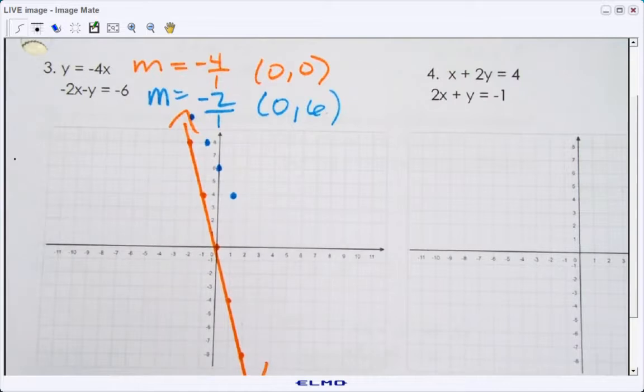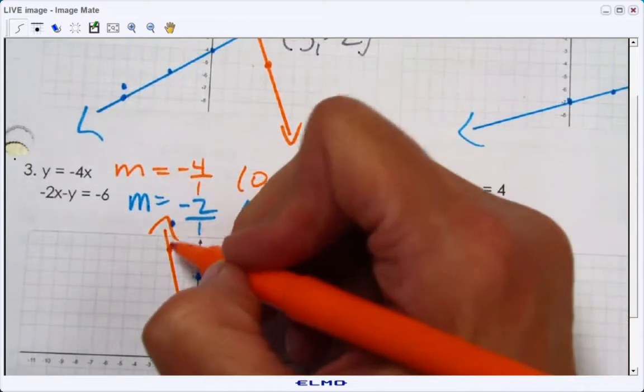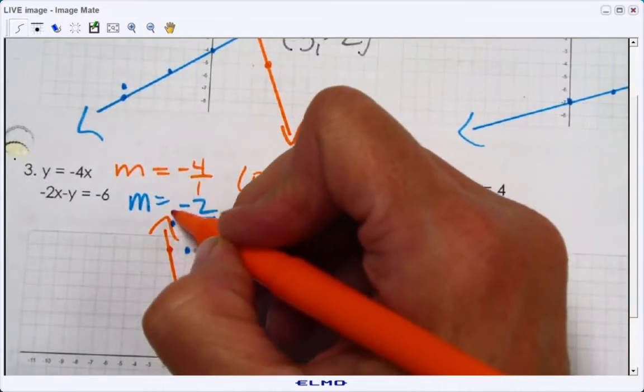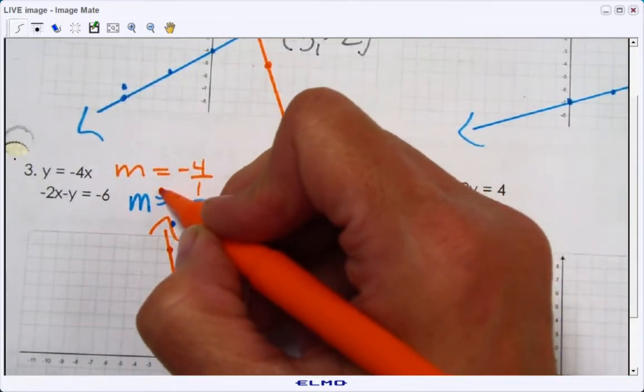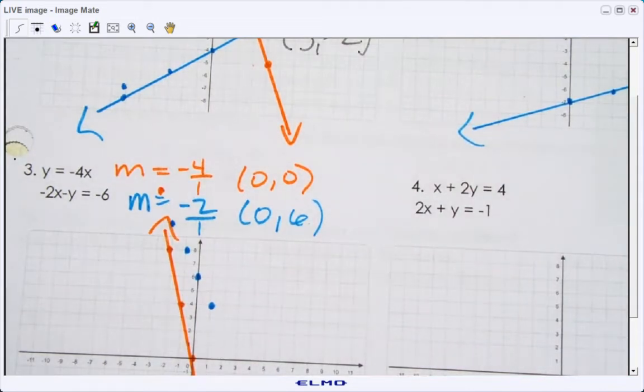Ooh, sorry about that. I didn't realize that they weren't going to run into each other on this graph. So up 4, 1, 2, 3, 4, and over 1. Okay, so that they would have run into each other way up there.